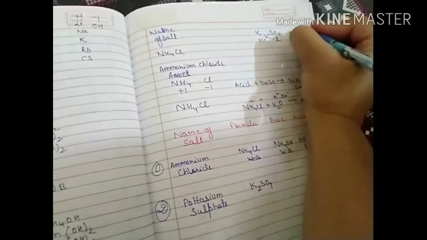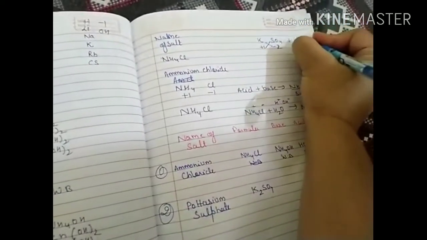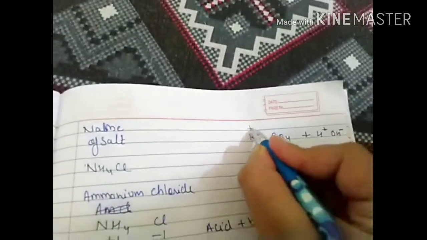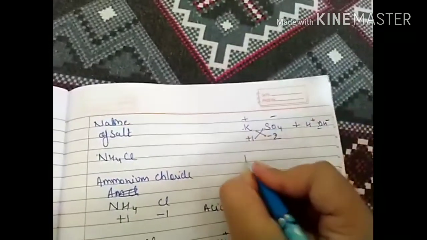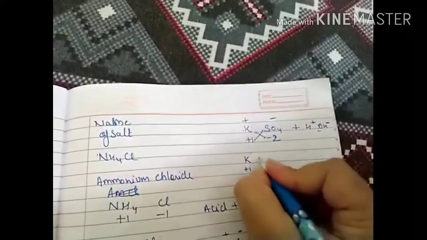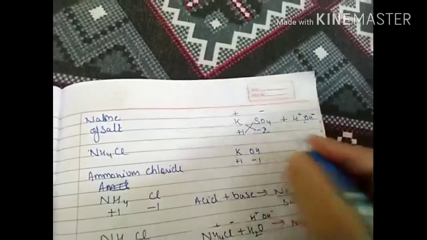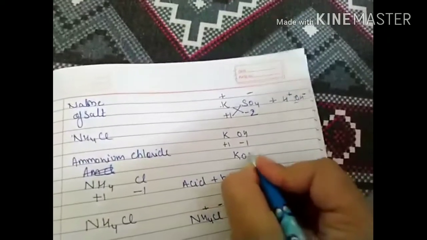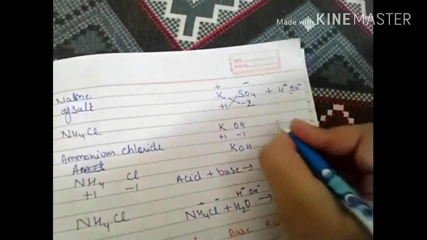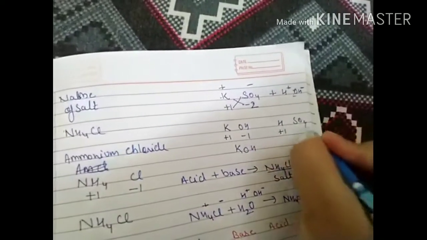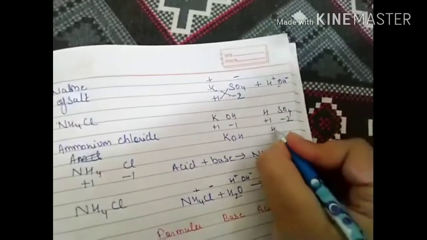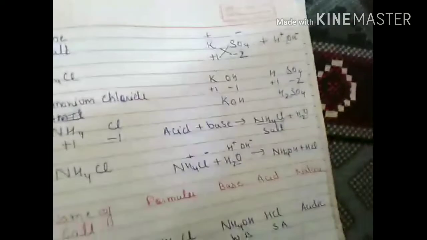Now which acid and which base is present? So make its reaction with water, H positive and OH negative. Clear? So this is positive, this is negative. So K will combine with OH. K is +1, OH is -1. So formula will be KOH. Similarly, H +1, sulfate -2, so formula will be H2SO4.